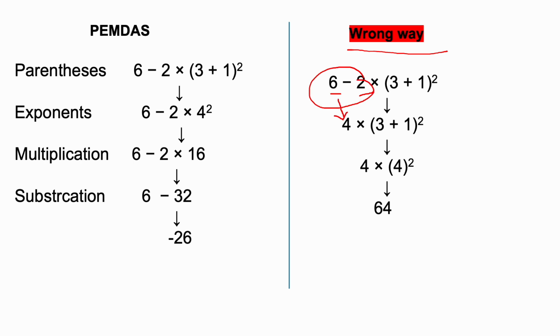So 6 minus 2 is 4. And then afterward, when I did the rest of the things even correctly, I came to an answer which is not correct. So if somebody doesn't know about the PEMDAS rule, they can very easily make this mistake. So it is very important to remember this PEMDAS rule.